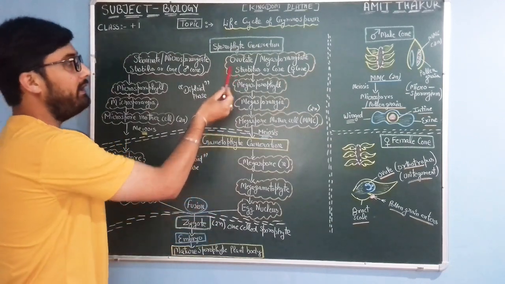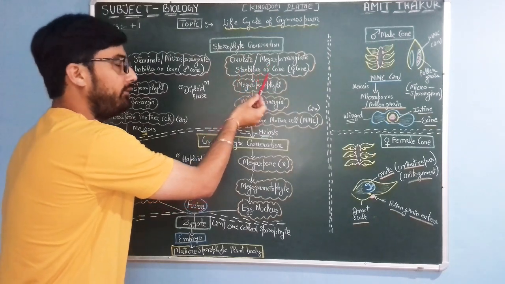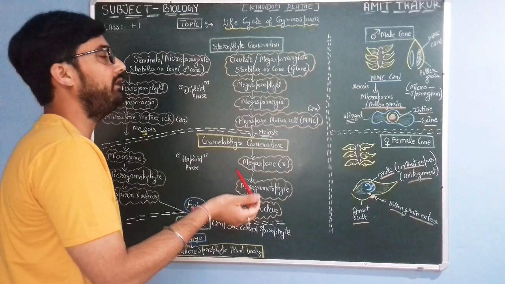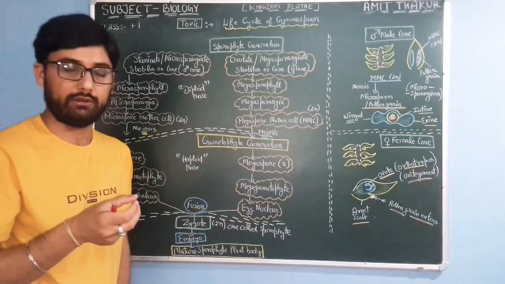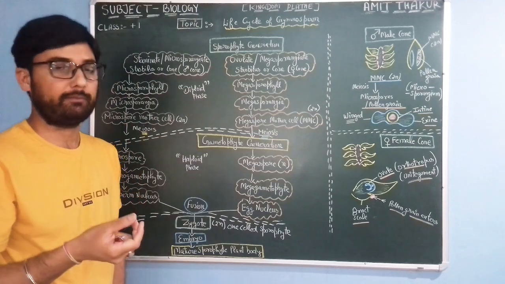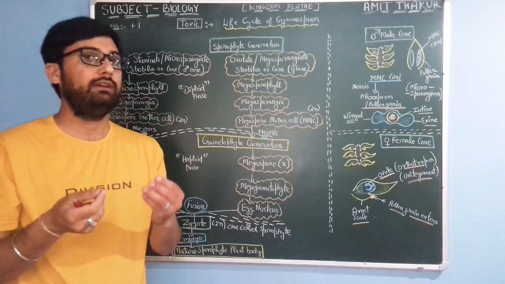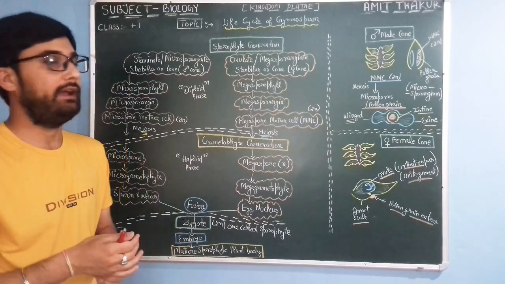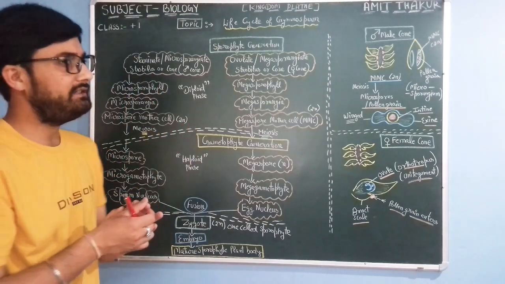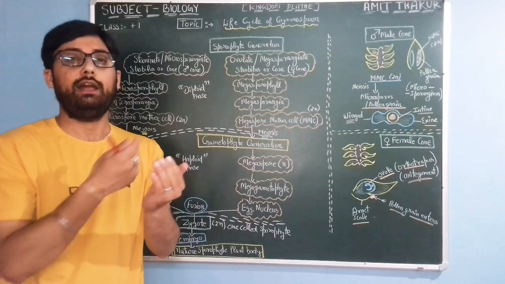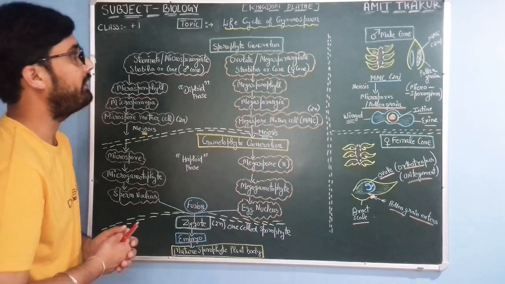In case of female, the ovulate or megasporangiate strobilus or cone is formed, as you have studied in the previous lecture about male and female cones on gymnospermic plants. The female cone is present near the axillary bud and singly arranged, but the male cones are arranged in clusters around the terminal bud of a sporophytic plant.